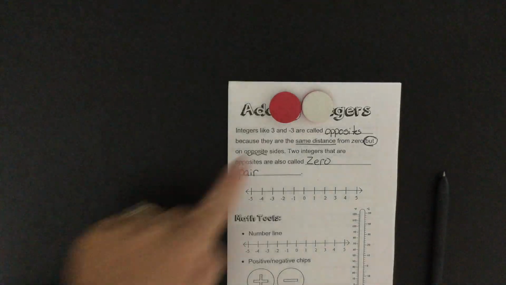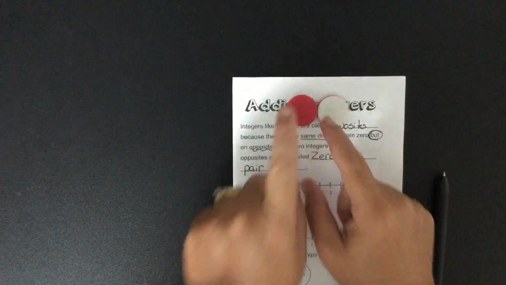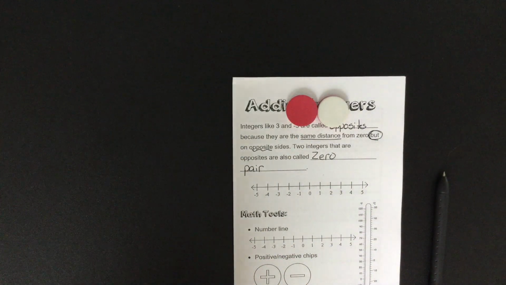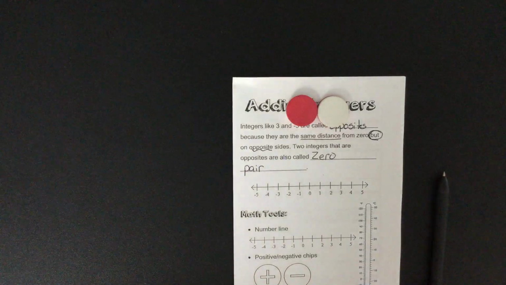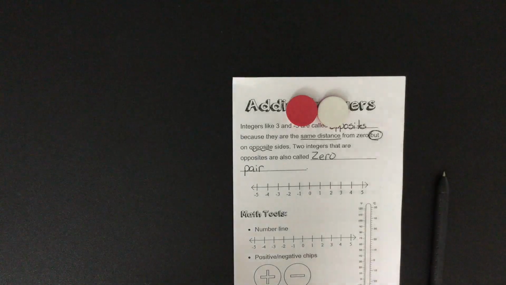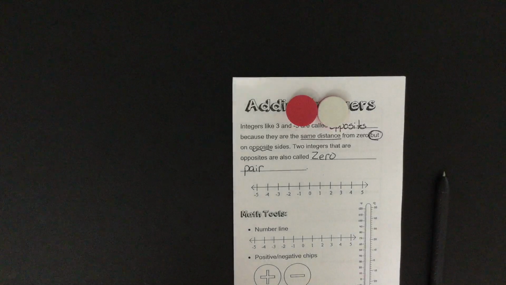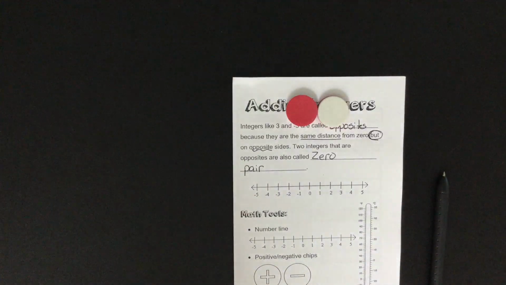I take a negative and a positive and pair them up. And they go off and dance. If I have 10 girls on one side and 10 boys on the other, how many pairs can I make? I have 10 girls and 10 boys. I can make 10 pairs.